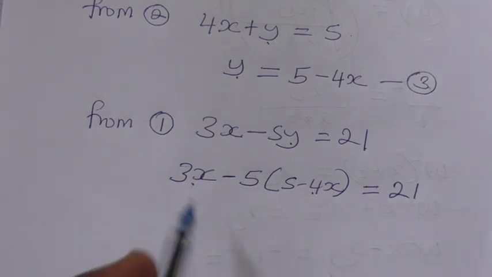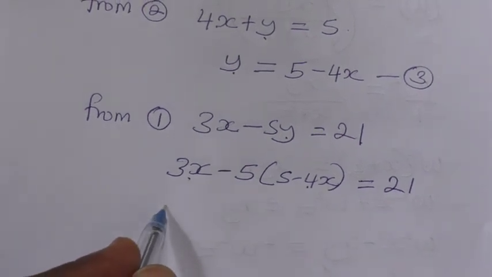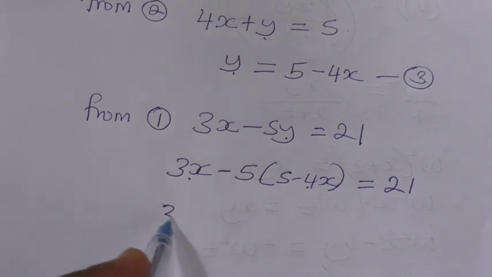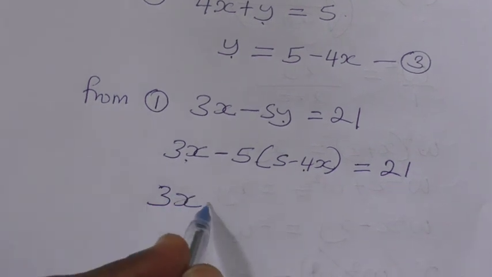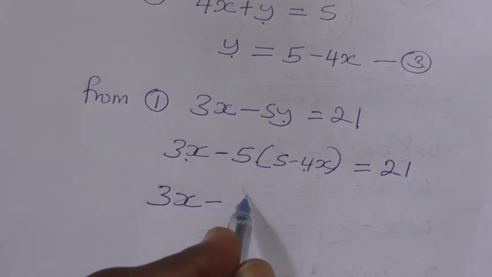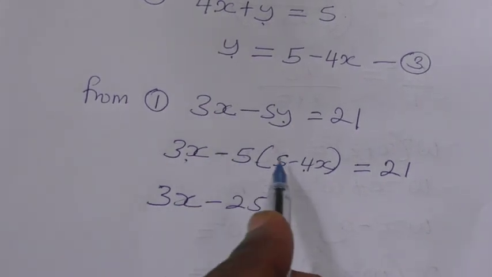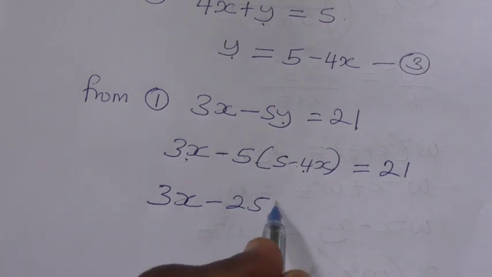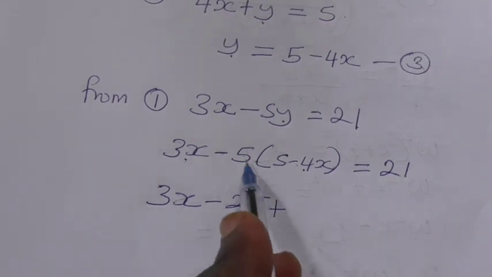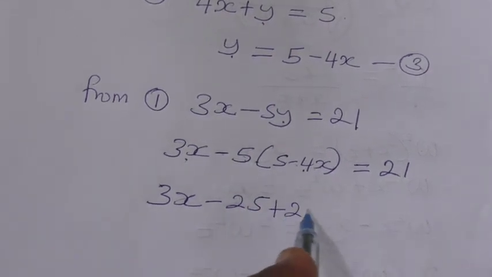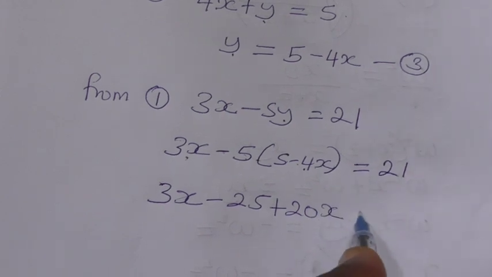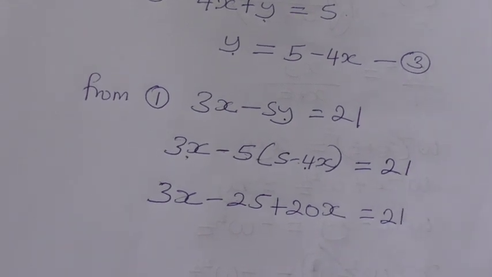So I simplify by opening brackets, which becomes 3x minus 25, and a minus and a minus becomes a positive, 5 times 4 becomes 20x, which equals 21.